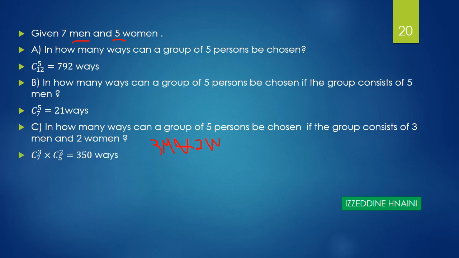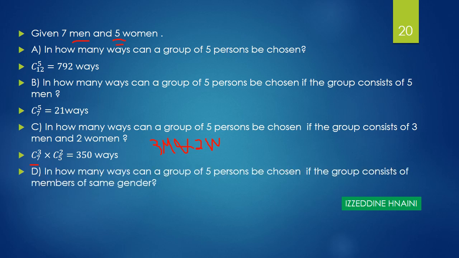Choosing the men, we have C3 out of 7 times, for the women we are choosing 2 out of 5 times C25, that is 350 ways.